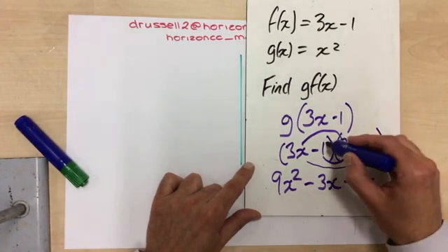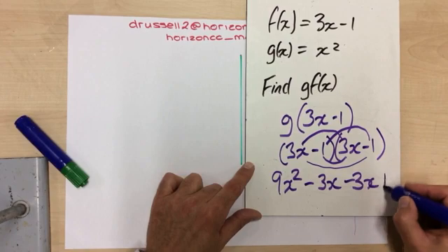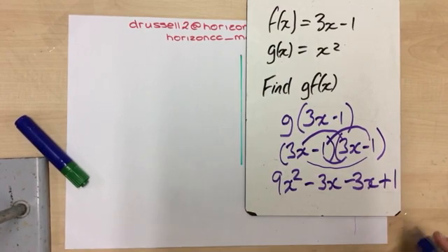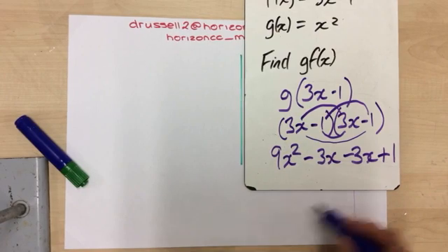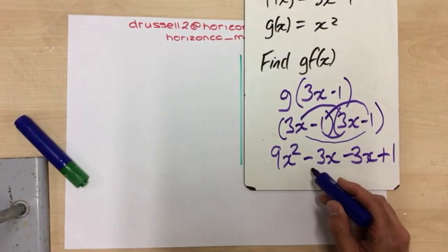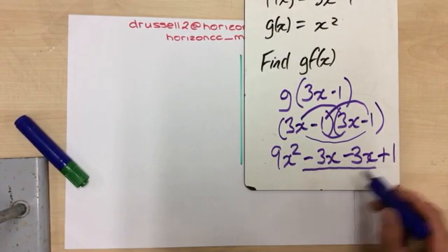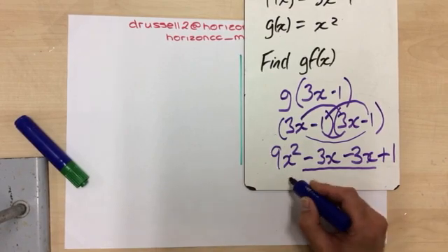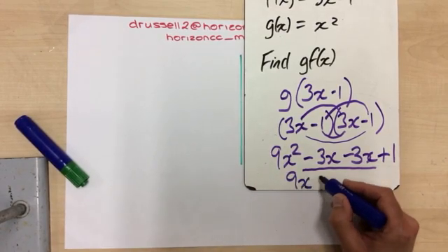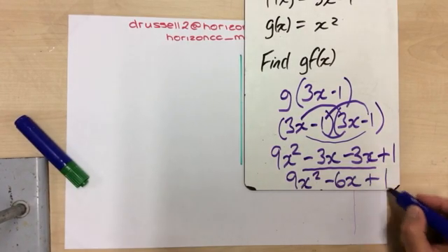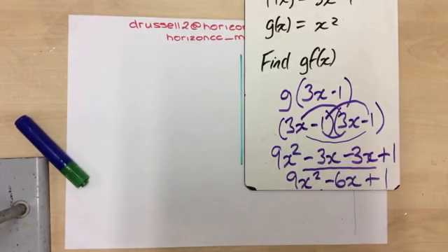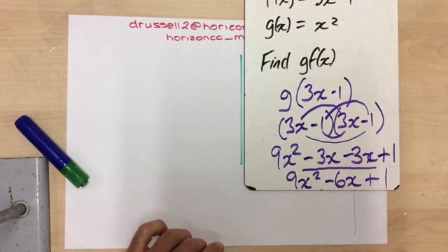And the last term, the negative times the negative, gives me a plus 1 at the end. Don't forget to simplify the 4 terms. The benefit of doing FOIL is that your 2 terms to simplify are in the middle there. So we've got 9x squared minus 6x plus 1. And that's our composite function.